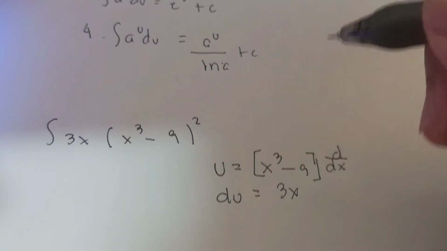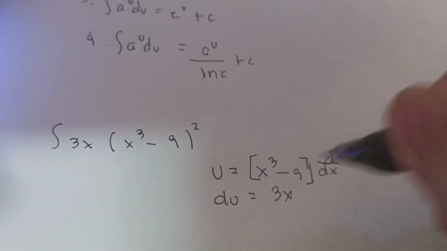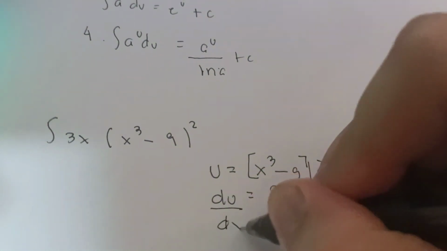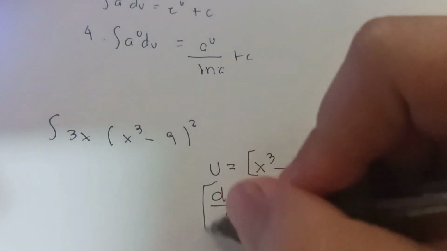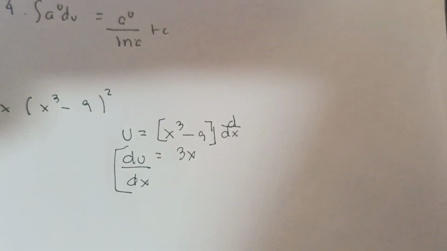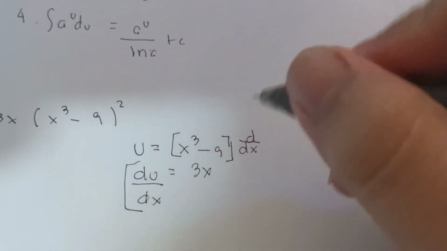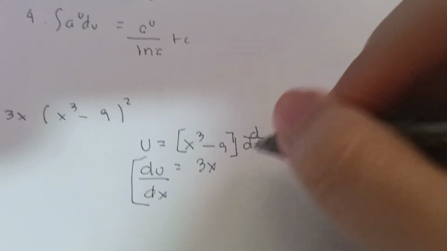And now our objective is to look for the dx. So in order for that, we must take out the 3x here by placing the dx on top of it.